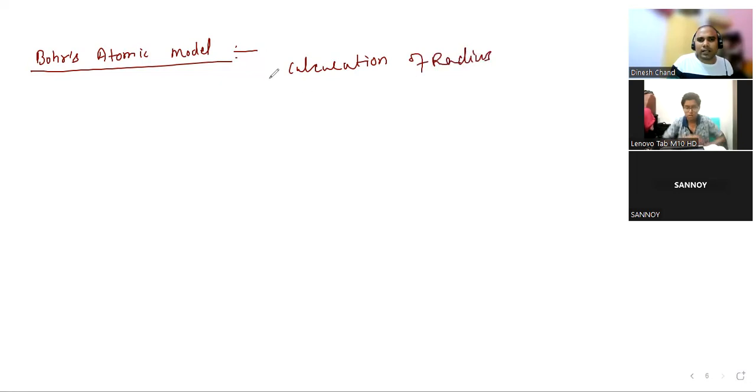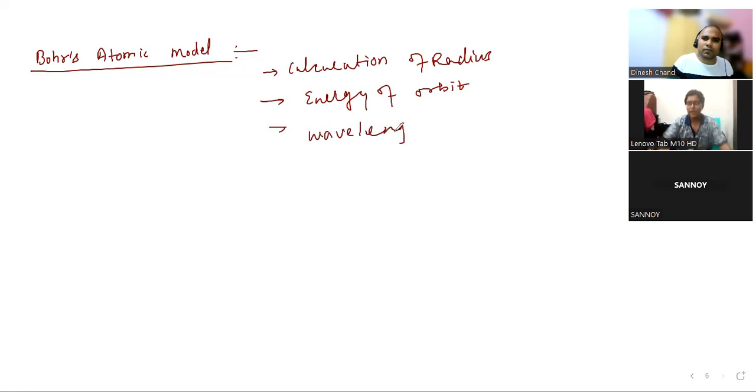Or if they are not asking radius, then they will ask the energy of orbit. Or they will ask the wavelength of the spectral line. That they can also ask.